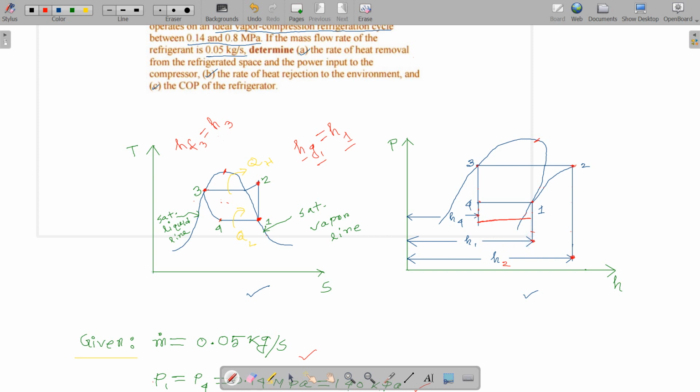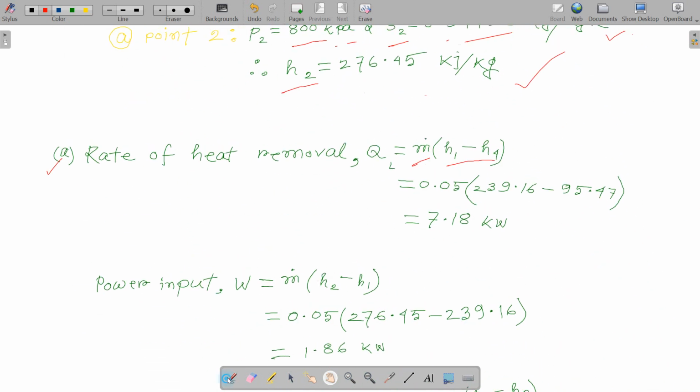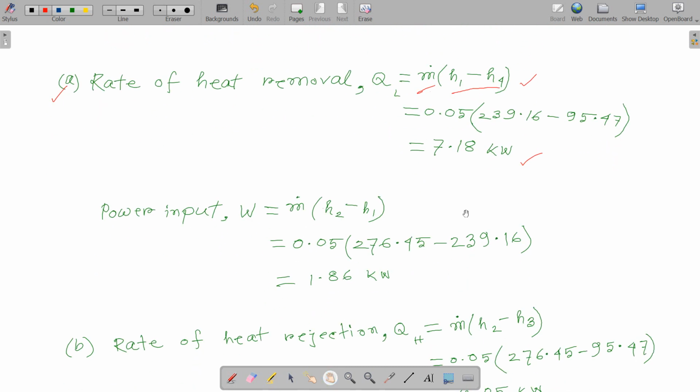So H1 minus H4 is equal to this distance, right? H1 minus H4 will be the heat removal. So you can see here H1 minus H4 multiplied by mass flow rate m dot. So we found 7.18. Now the power input W.